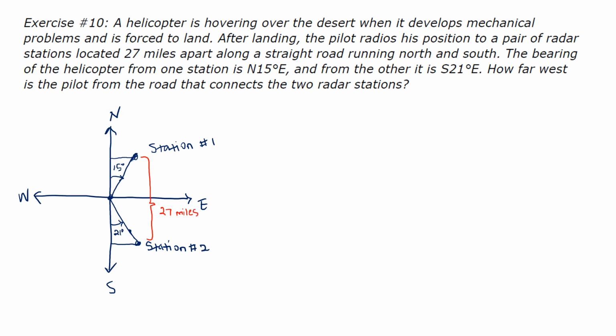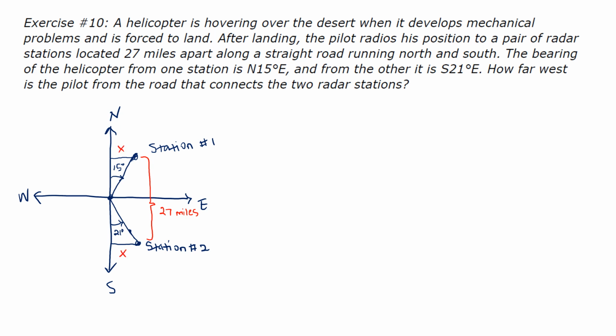We want to know how far west is the pilot from the road that connects the 2 stations. So we are going to assume that the distance west from the station to our north-south axis, aka y-axis, is the same. So we're trying to find these measurements.